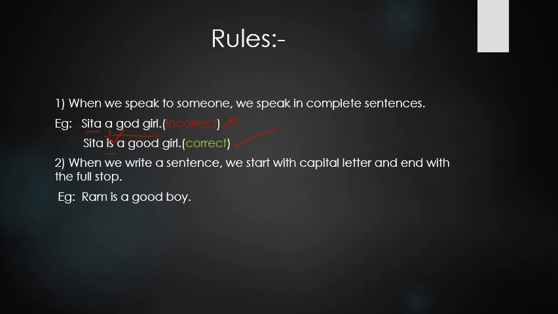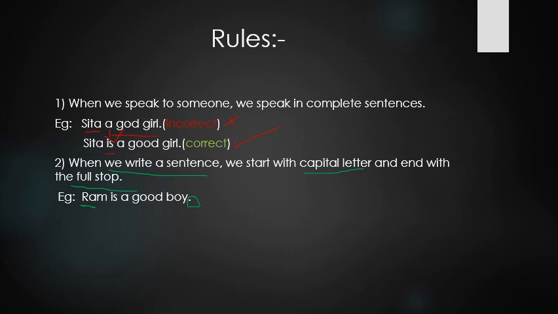Because you have added is, as I have told you before also, that without adding is or are we cannot make a sentence. The second thing to make a note of is that when we write a sentence, we start with the capital letter and end with the full stop. You can see Ram, R is capital and it ends with a full stop. So now this becomes a complete sentence.